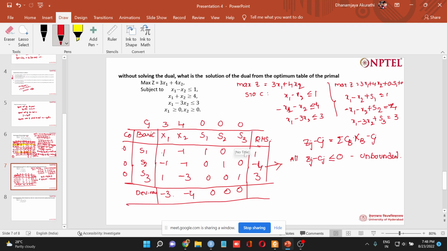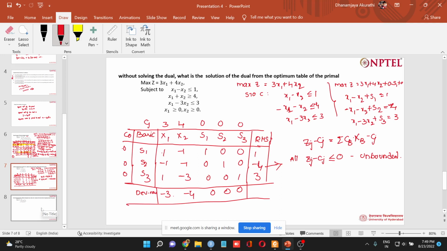Is it okay? So here we observe that the primal problem has an unbounded solution. Then without solving the dual, what can we say about the dual solution? Infeasible. If primal is unbounded, you can say that dual is infeasible.